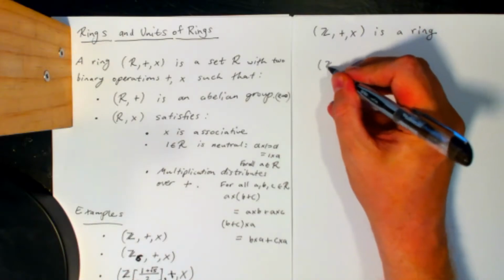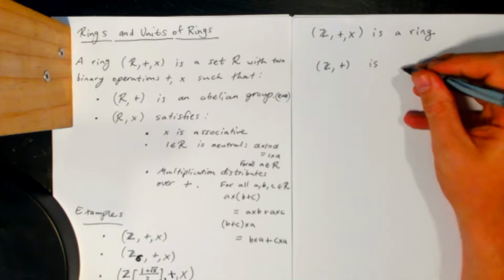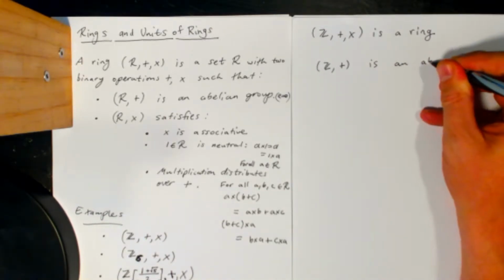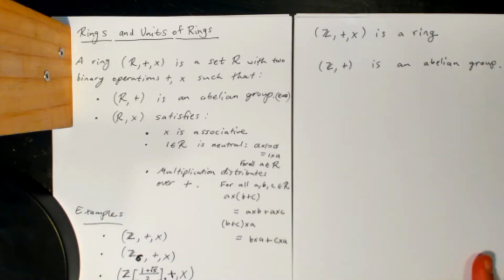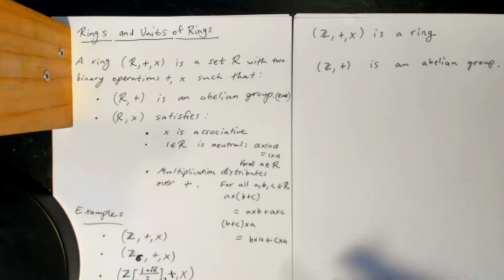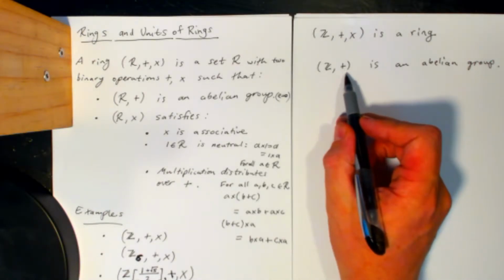So we have integers together with addition is an abelian group. And in case you forgot what that means, it means that this structure is a group and the addition there is commutative.